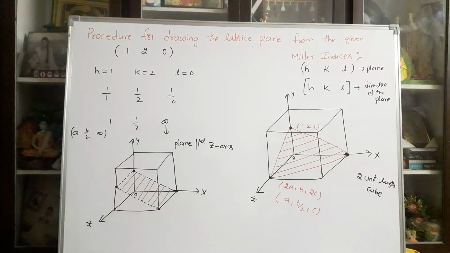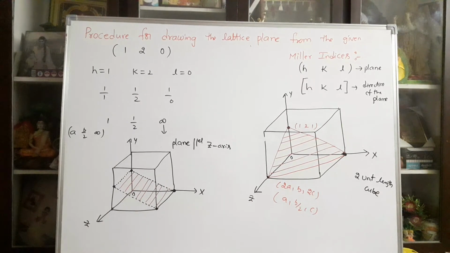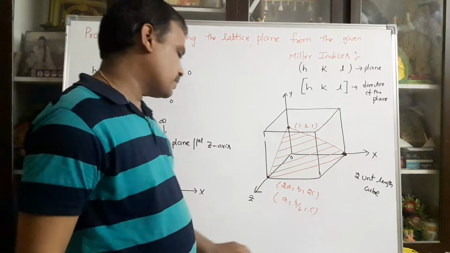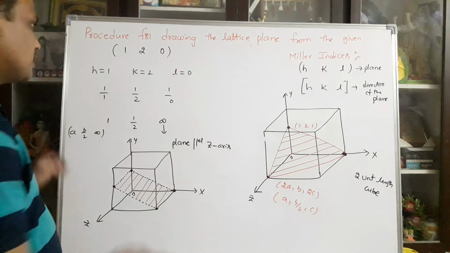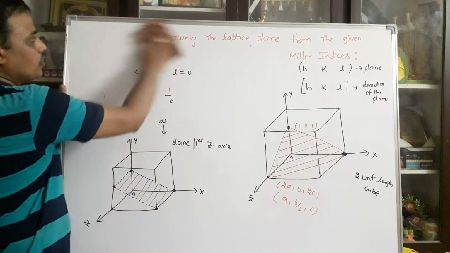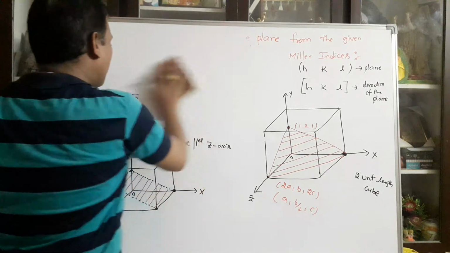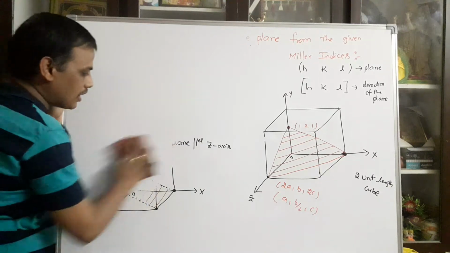This is the plane having the intercepts a, b by 2 and infinity. In this way, you can draw any lattice plane based on Miller indices as well as their intercepts. This is the main procedure to draw the lattice planes based on their Miller indices.